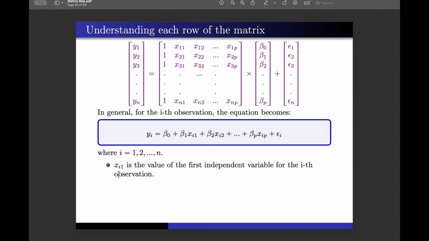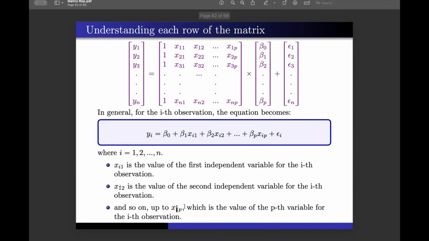Therefore, xi1 represents the value of the first independent variable for the ith observation. Similarly, xi2 is the value of the second independent variable for the ith observation. And xip would be the value of the pth independent variable for the ith observation.